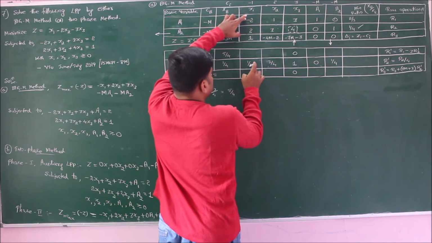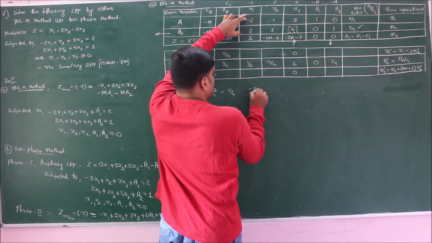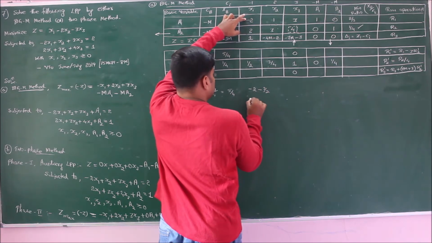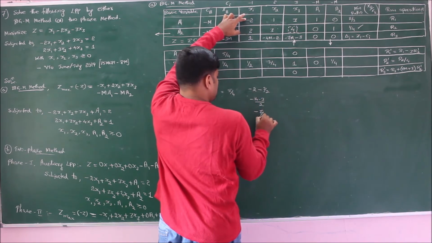Here we have minus 2 and here we have 1 by 2, so it is minus 2 minus 3 by 2, which gives minus 4 minus 3 by 2, which is minus 7 by 2.